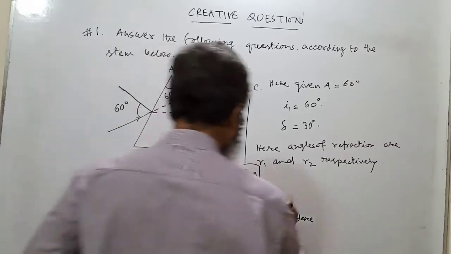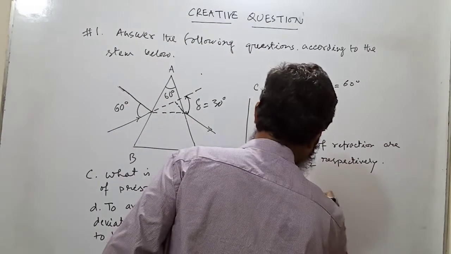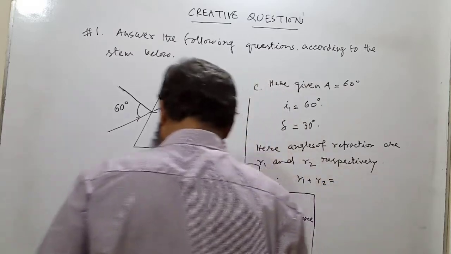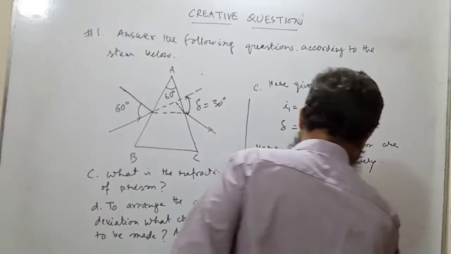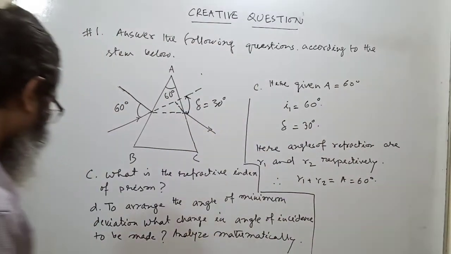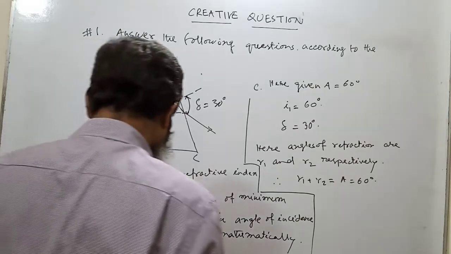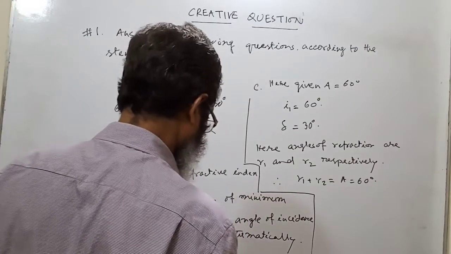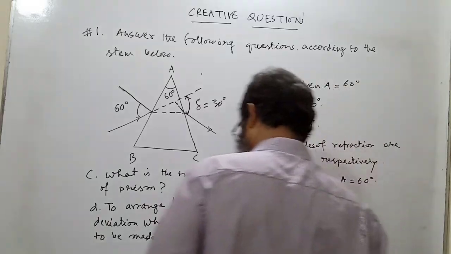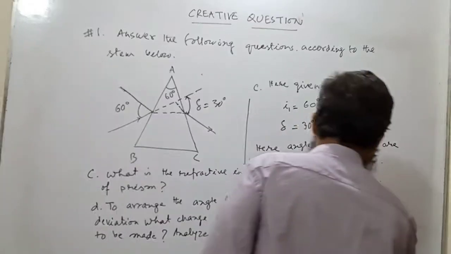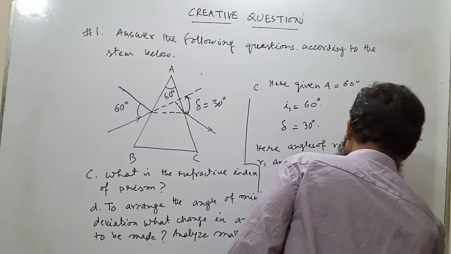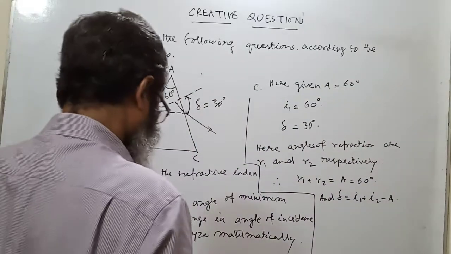Okay, therefore we know R1 plus R2 is equal to A, which is equal to 60 degree. And delta is equal to I1 plus I2 minus A. We know this one.